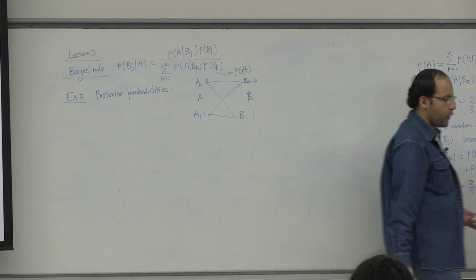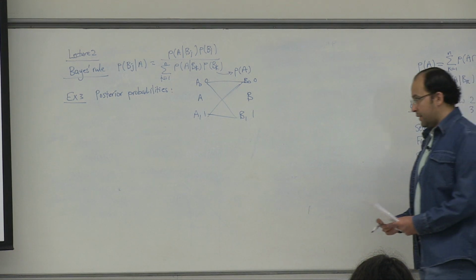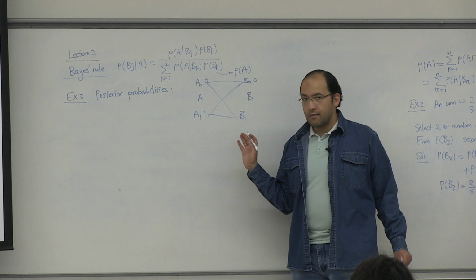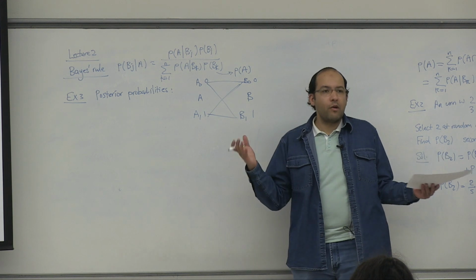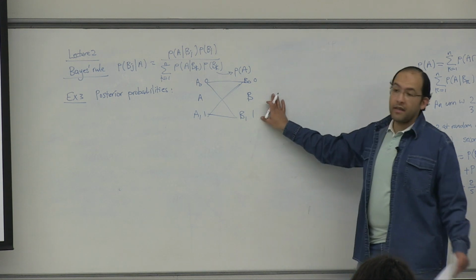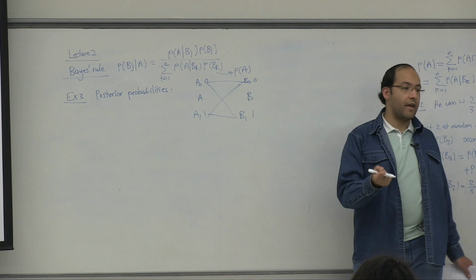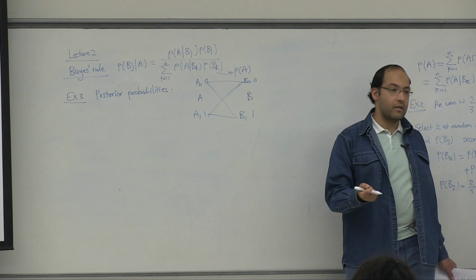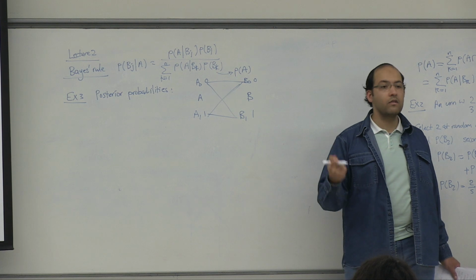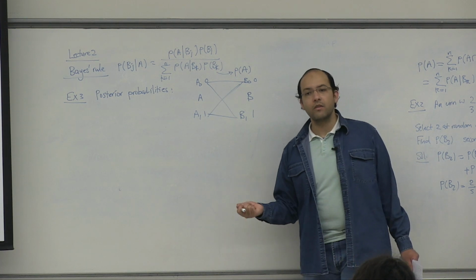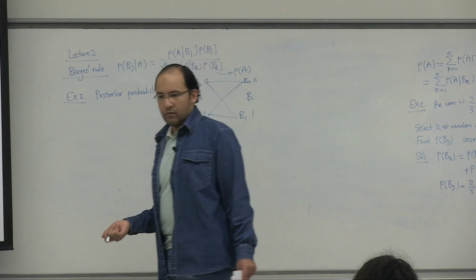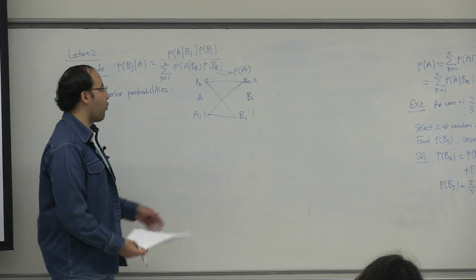What is the posterior probability? The posterior probability is essentially the main problem of these systems. You are standing here, you have something in hand, which is what you receive, but that's not what you want. You want to know what was transmitted. That's what you want to know. So essentially, this is the problem of all these systems.